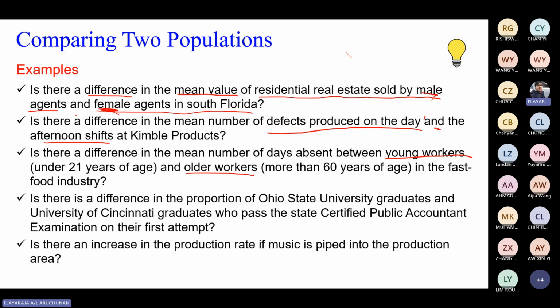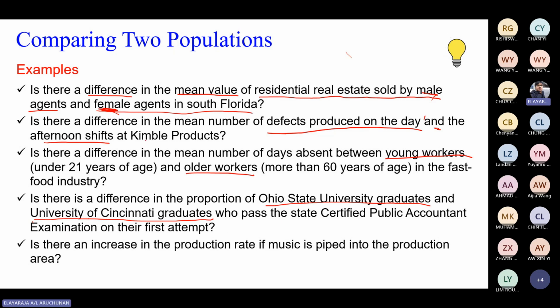Next, is there any difference in the proportion of Ohio State University graduates and University of Cincinnati graduates who passed the state certified public accountant examination on their first attempt?